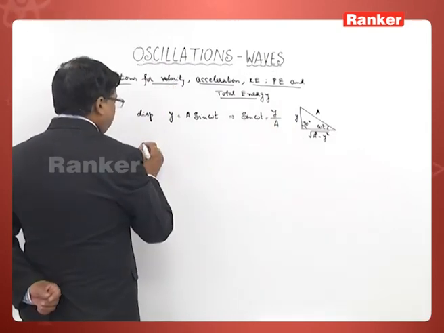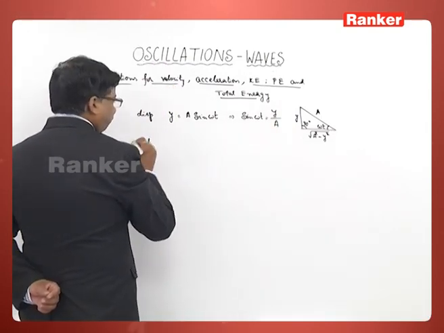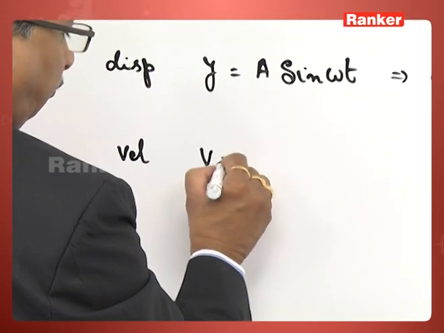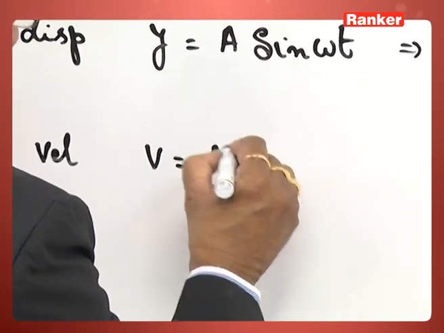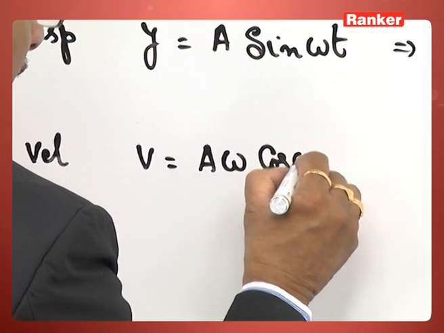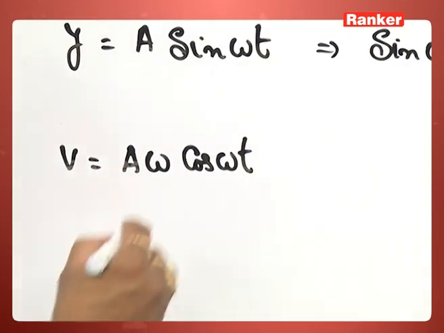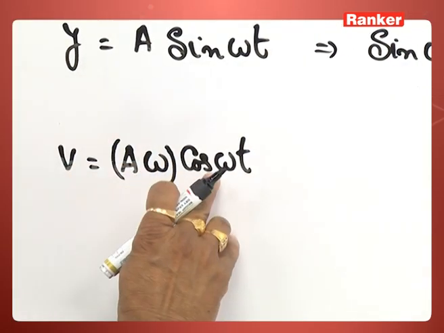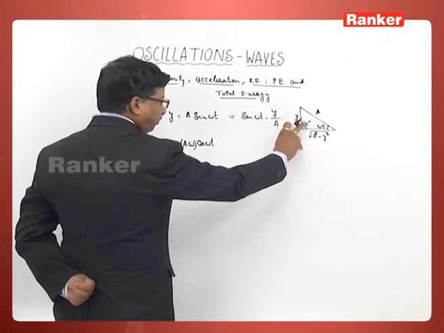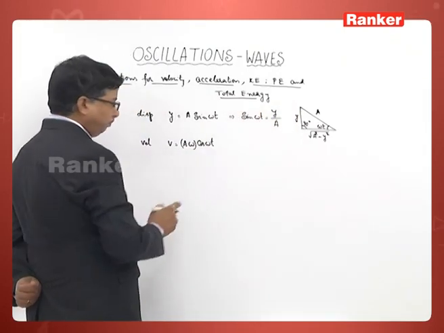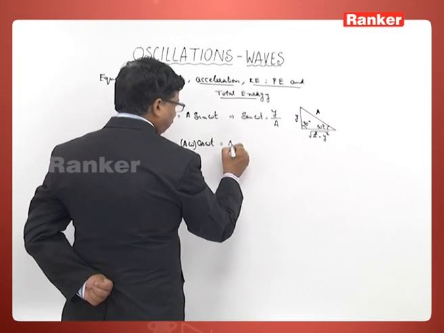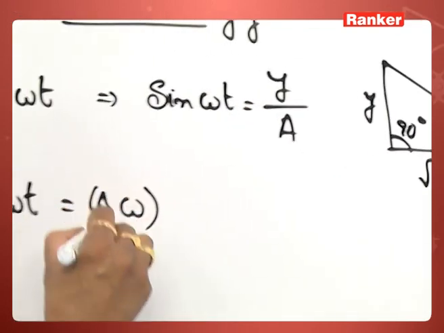Now, come to the second equation. What is the equation for its velocity? V is equal to A omega cos omega t. I just substitute the value of cos omega t from this triangle over here. So, what are we getting? You just look at A omega.